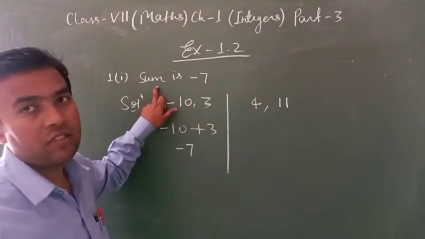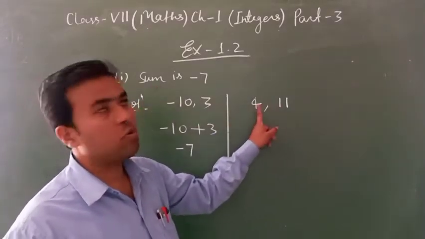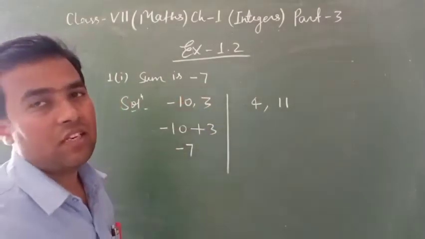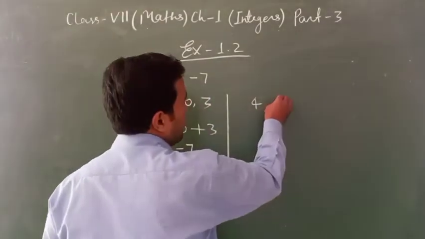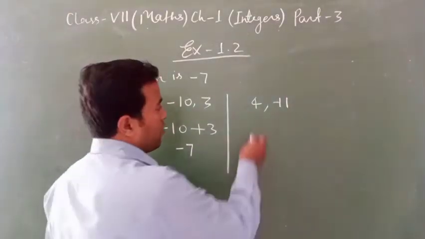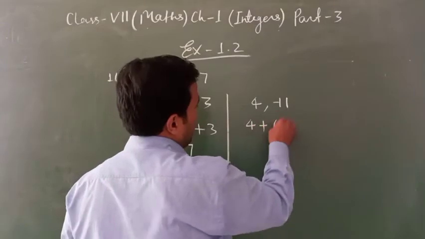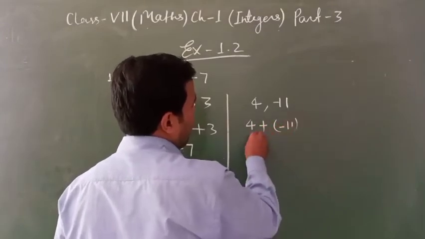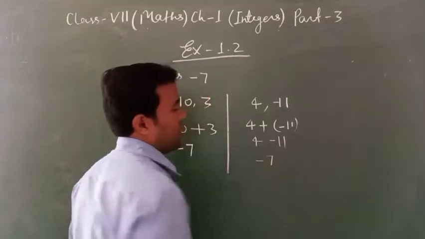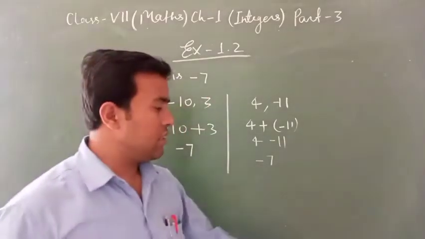Sum means plus. So when you do 4 plus 11, you will get 15. But here -7 is asked, so you have taken minus here. So 4 plus -11, that is 4 minus 11, which is 7 minus, so -7.